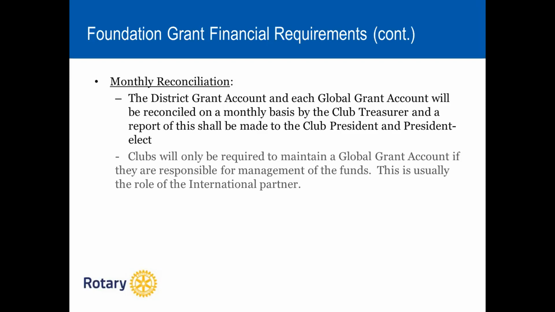It's critical that each club track the commitments that have been made to a global grant, because it will frequently be the next Rotary year before final approval is received from the Rotary Foundation. The global grant number has to be on both the contribution form and the check for it to get applied correctly.